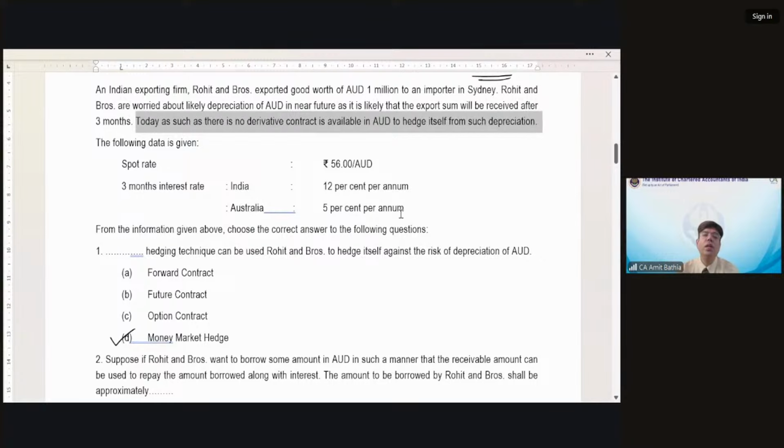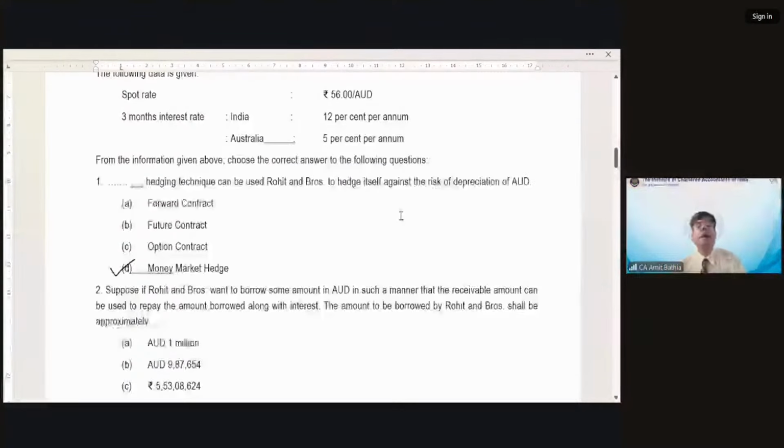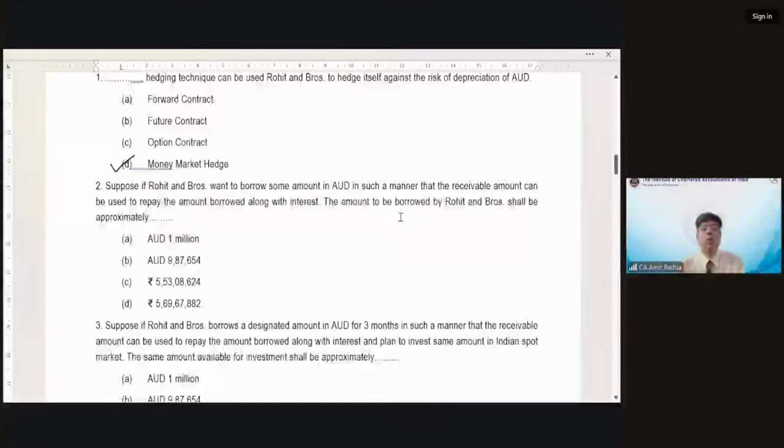So if I borrow in Australian dollars today, what happens is I will have to pay them 5% interest for 3 months, right? So how much will that be? How much should I borrow in that case? 1 million.